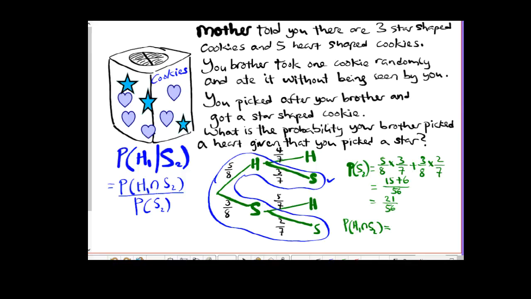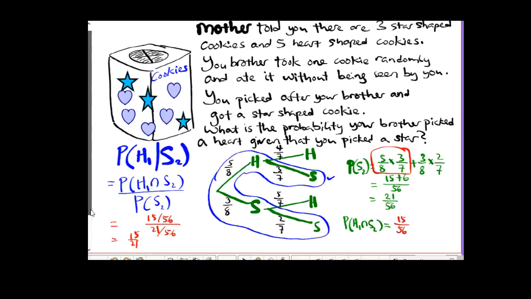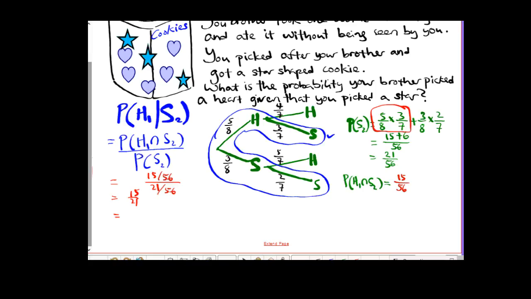Well, we just calculated the first part, that was here: 5 over 8 times 3 over 7, which is 15 over 56. So putting all this information together, now we have 15 over 56 over 21 over 56, which is 15 over 21, which is 5 over 7. So here's the answer.